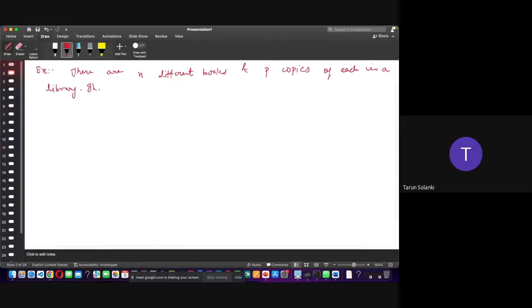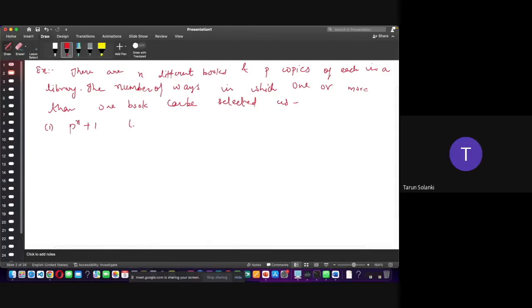The number of ways in which one or more than one book can be selected is: options are given as p to the power n plus 1, second is (p plus 1) to the power n minus 1, third (p plus 1) to the power n minus p, fourth is p to the power n.